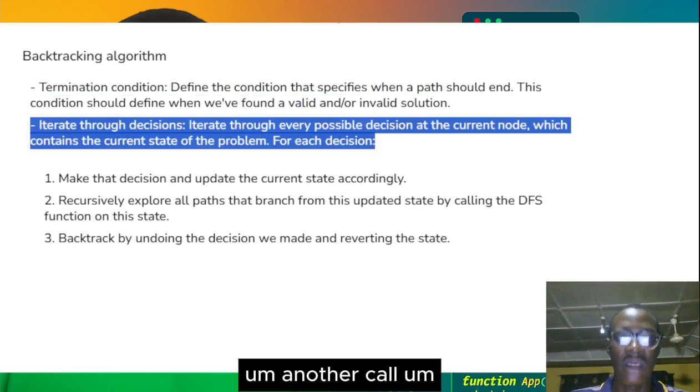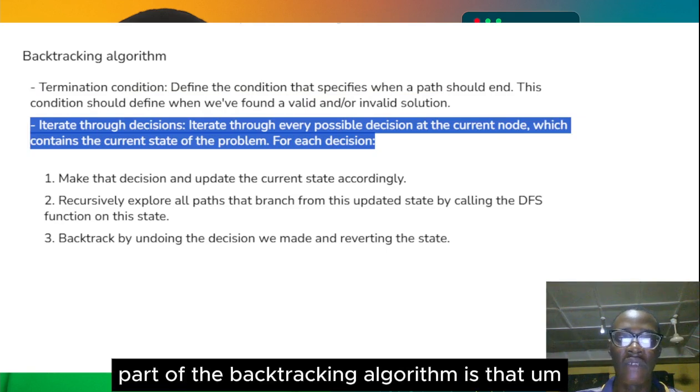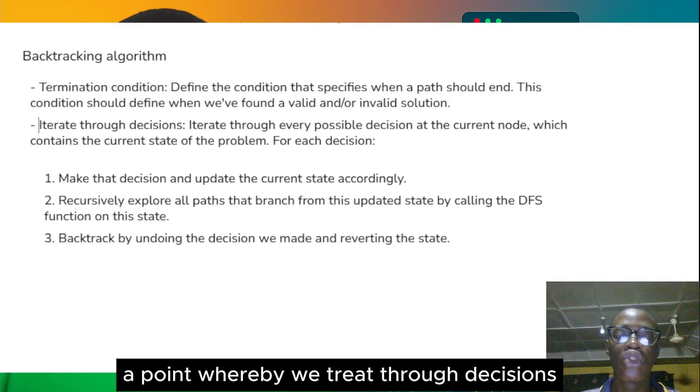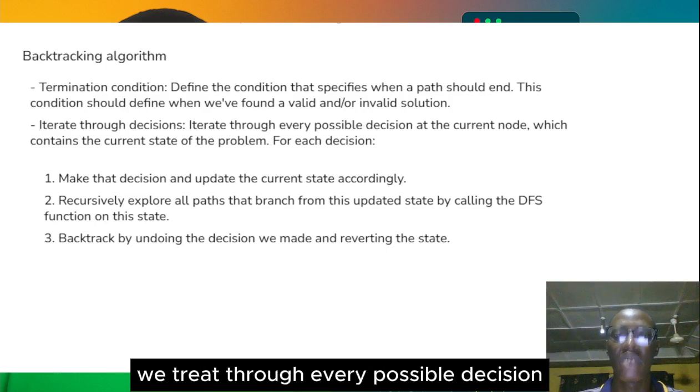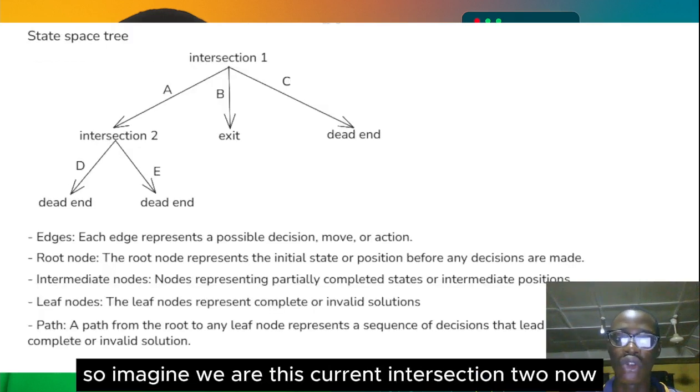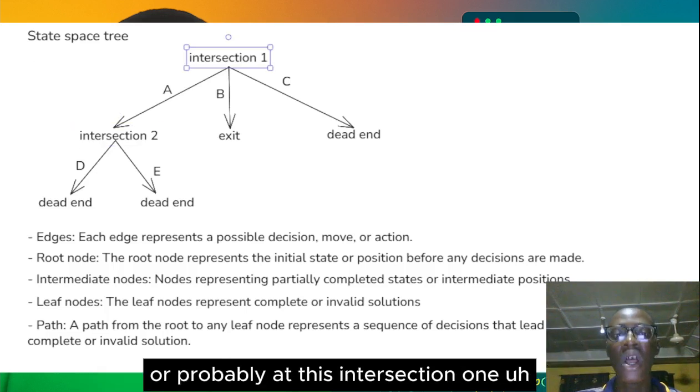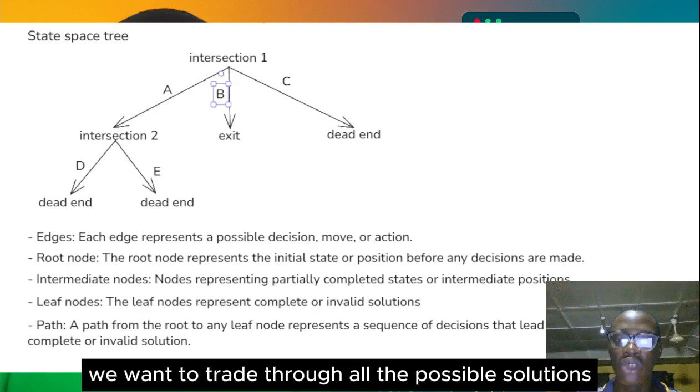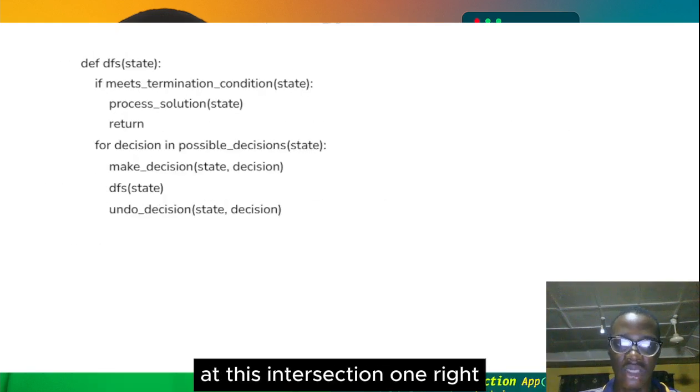Another core part of a backtracking algorithm is the point whereby we iterate through decisions. We iterate through every possible decision at the current node. Imagine we are at this current intersection 2 now, or probably at this intersection 1. We want to iterate through all the possible solutions at this intersection 1, right?